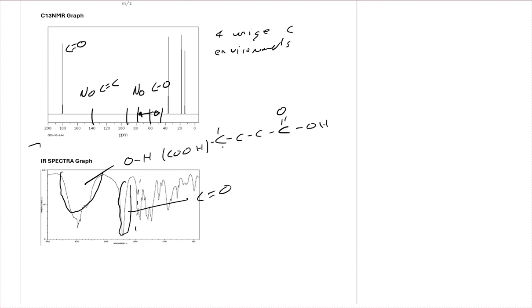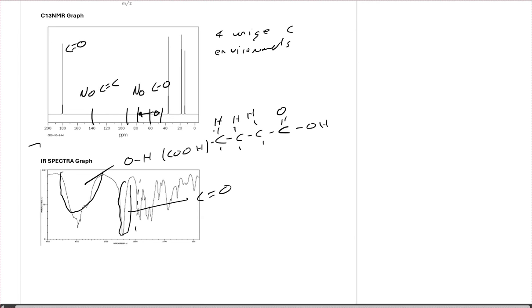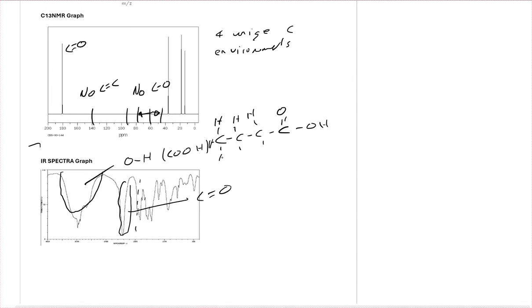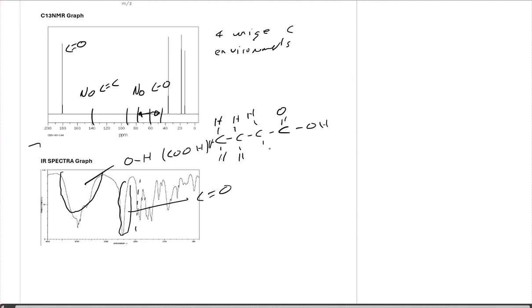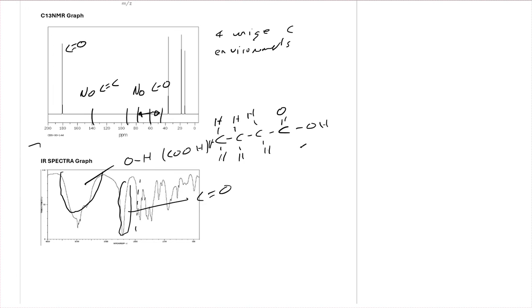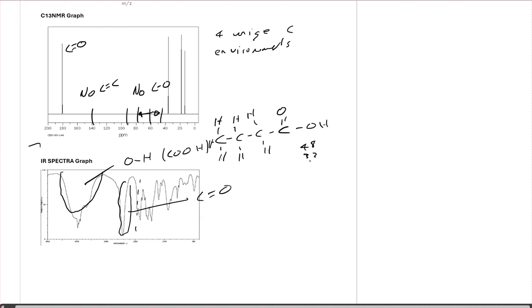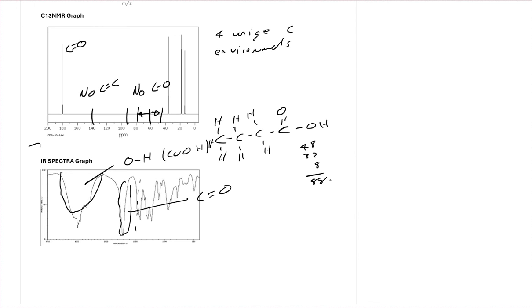There might at times be 2 carbons in the same environment, but if we start with the simplest one and add it up, that might be the correct answer, and if it's wrong, we just draw it again with another carbon and 2 hydrogens. So here we have 4 carbons, which is 48, 2 oxygens, which are 32, and 8 hydrogens, which are 8. That gives us a molar mass of 88 grams per mole.